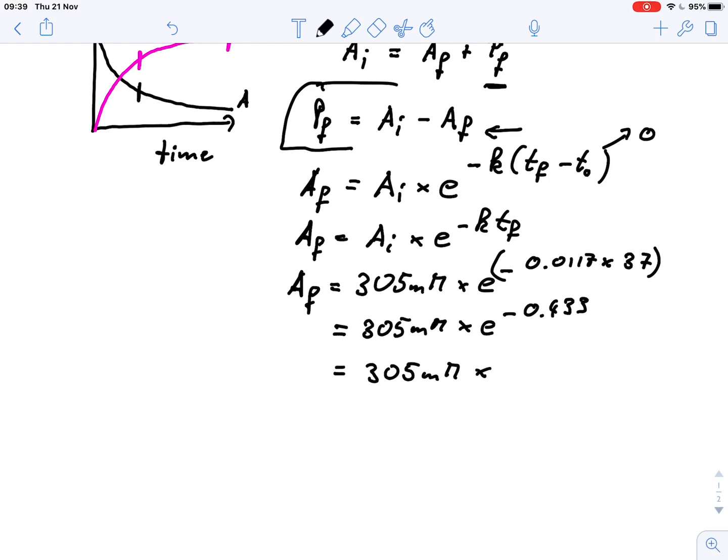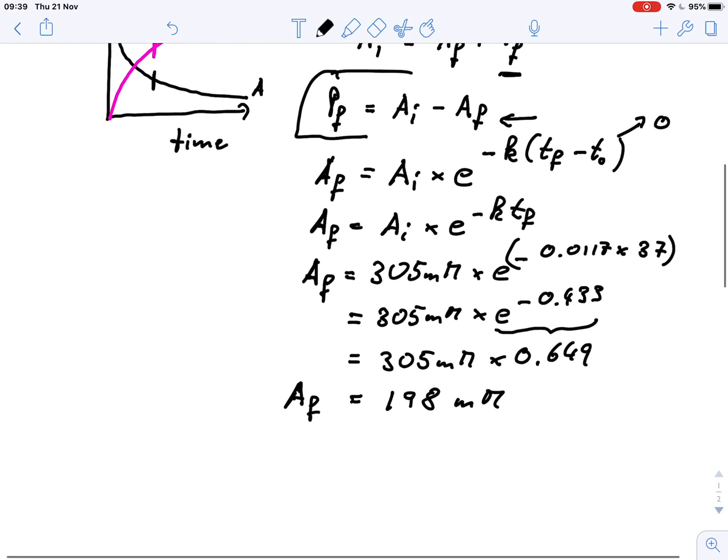If we calculate that in the calculator, that gives us 0.649. And we would get for our A final at that point roughly 198 millimolar with rounding.